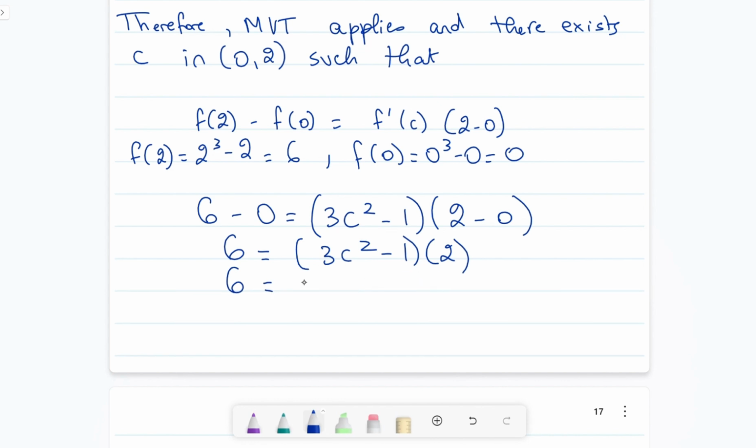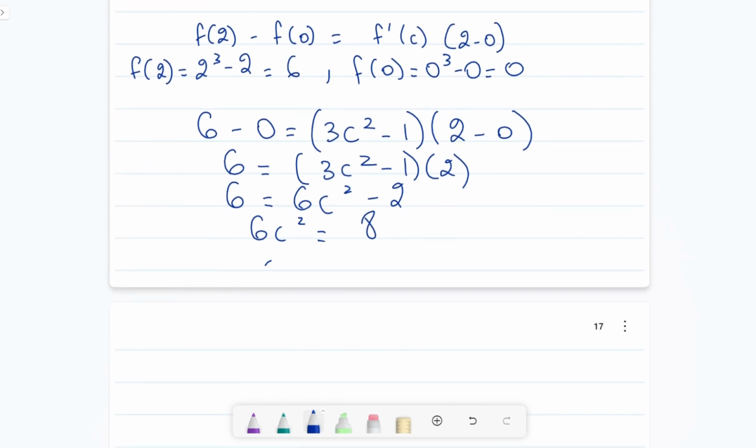So we get 6c squared minus 2. And then let's try to solve for c squared. So 6c squared is equal to 6 plus 2, which is 8. Then c squared is equal to 8 over 6. We divide both the numerator and the denominator by 2, and this gives us 4 divided by 3.